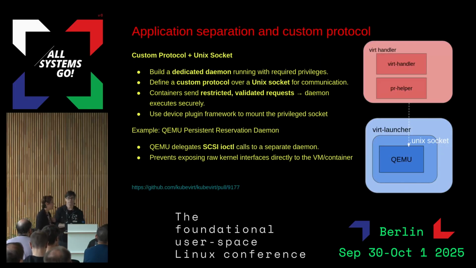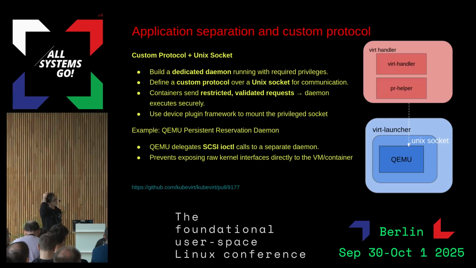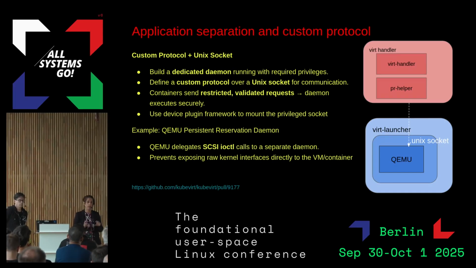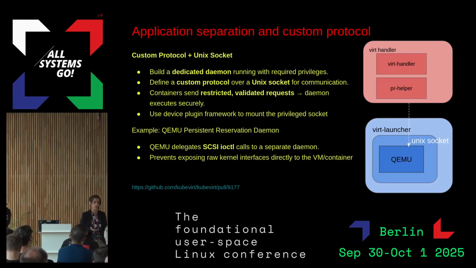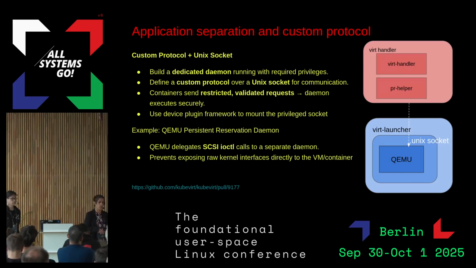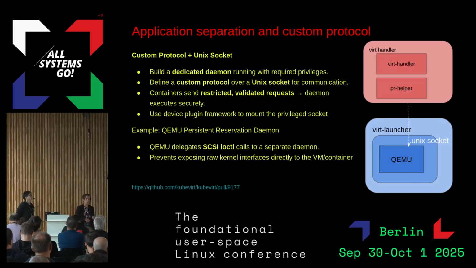Okay, so another option is that we split the privileged operations into a separate daemon. It's not the option that we chose, but it's a pattern that QEMU already uses. With this approach, you need to refactor your application and completely separate the privileged operations from the standard flow.